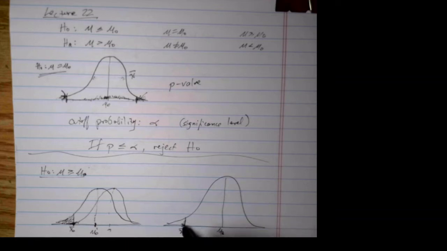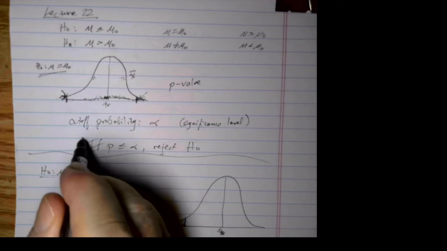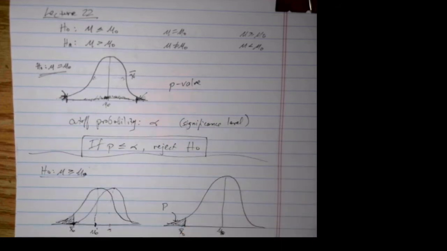And we can compute the probability of finding an x-bar that's equal to or less than the one we actually found. And if that probability is again called p, the same rule is used. If that probability, p, is too small, that is, if it's less than or equal to the cutoff probability alpha, then we will reject this kind of null hypothesis.